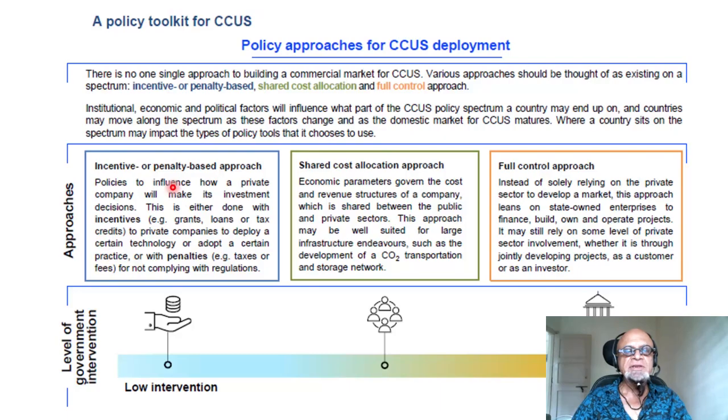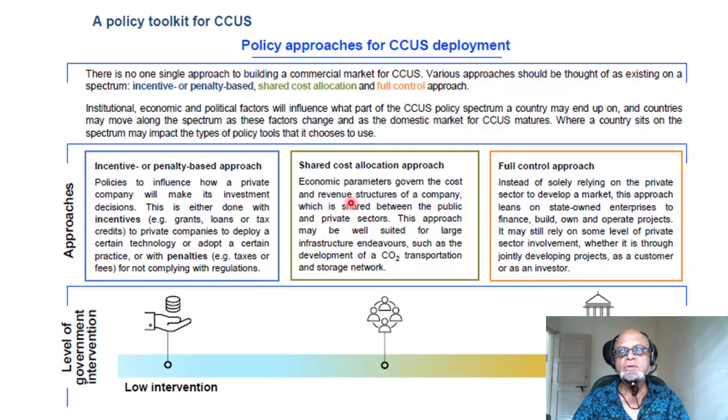Incentive or penalty based approach, policies to influence how a private company will make its investment decisions. This is either done with the incentives such as grants, loans, or tax credits to private companies to deploy a certain technology or adopt a certain policy or practice, or with penalties such as taxes and fees for not complying with regulations, but interventions are still low.